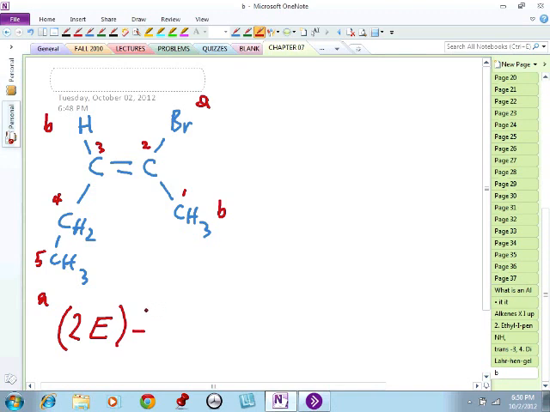But the reason I'm saying that you need to put 2, you're going to see that later. Because supposing you have more than 1 double bond, you have to indicate the position of the double bond and then the stereochemistry. So in this particular instance, you only have 1 double bond, so you will get away with just E, without using the 2. That's fine.